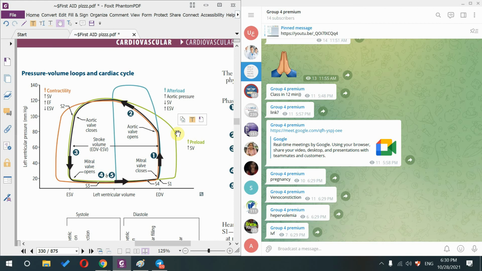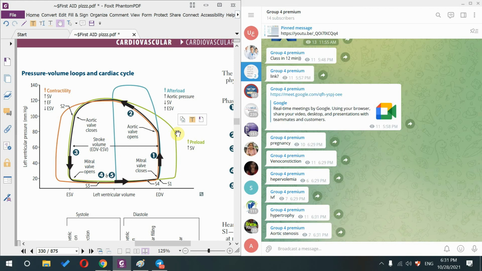Okay, the next concept will be increase in the afterload. So when your afterload is increased, what happens? You have more aortic pressure. For example, what can lead to increased aortic pressure? Can someone write that? Something increasing aortic pressure. Well, here is the thing.